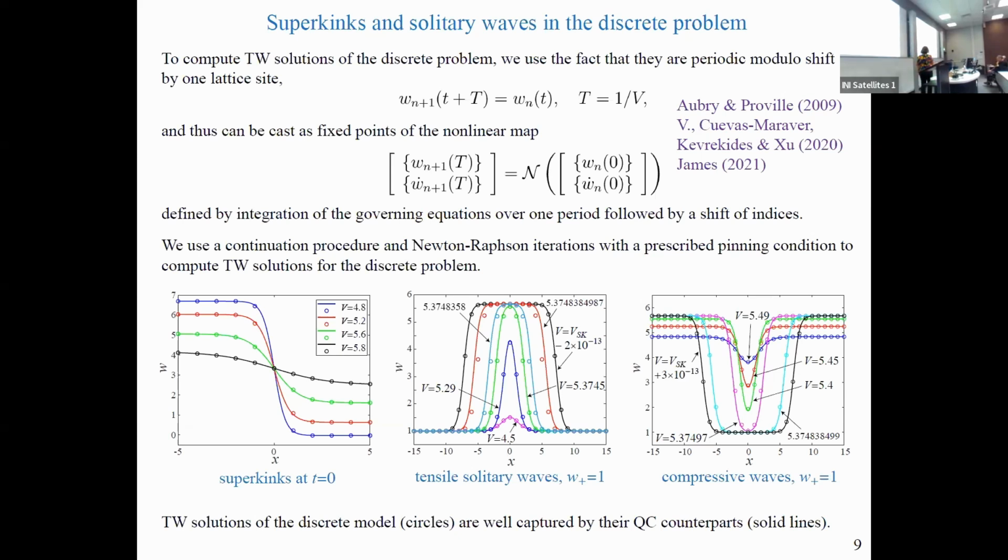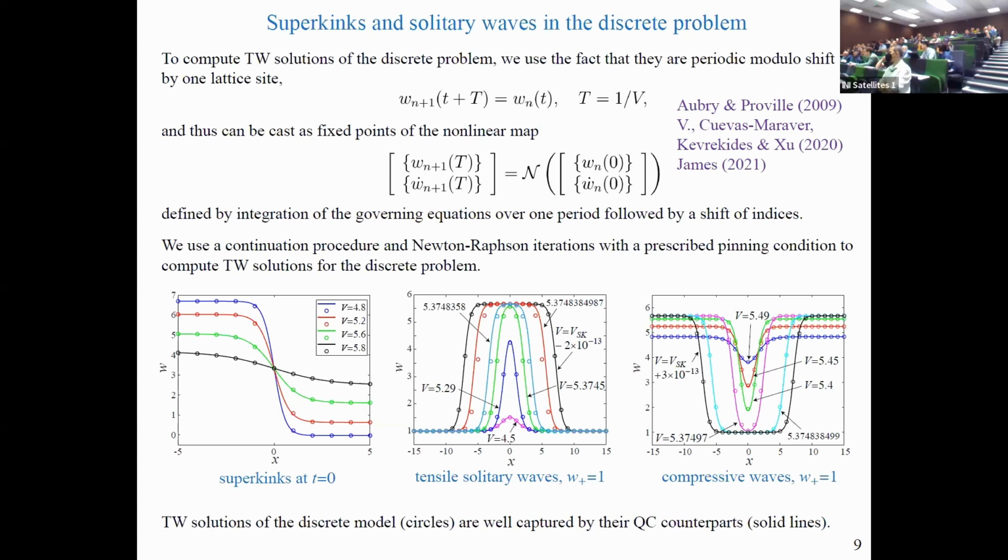So using the governing equations, and we also have to prescribe a certain condition. And then after that is done, we obtain superkinks and tensile and compressive waves. So you can see this plot: the circles are the discrete solutions.